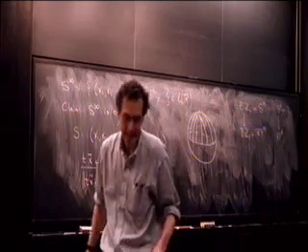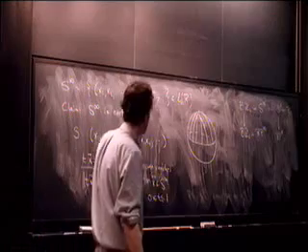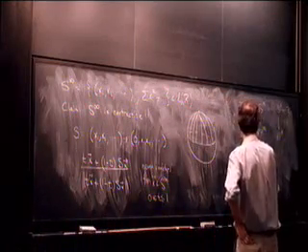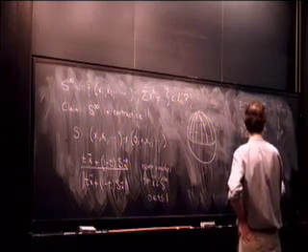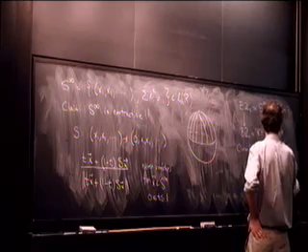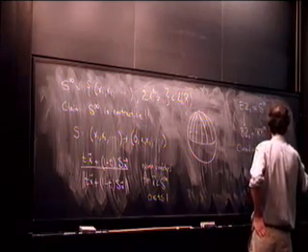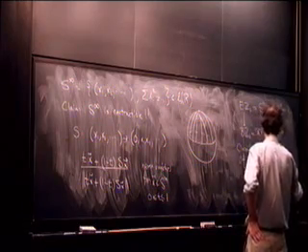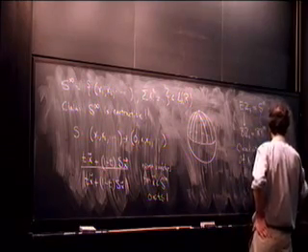So what we're saying is that if you want to classify double covers of X, the classification is by homotopy classes of maps from X into RP infinity.